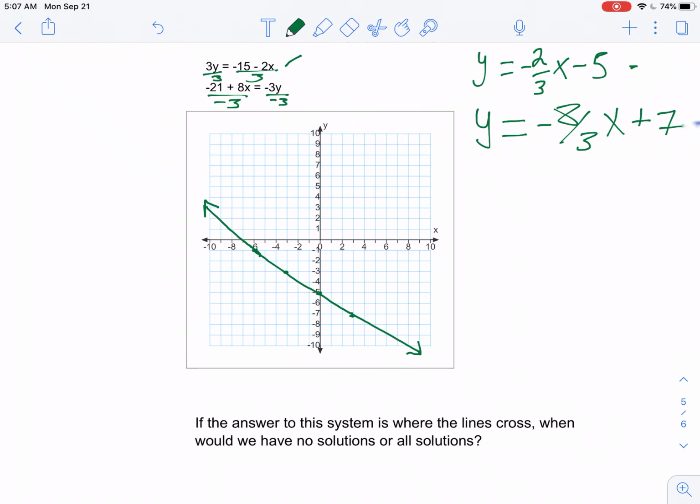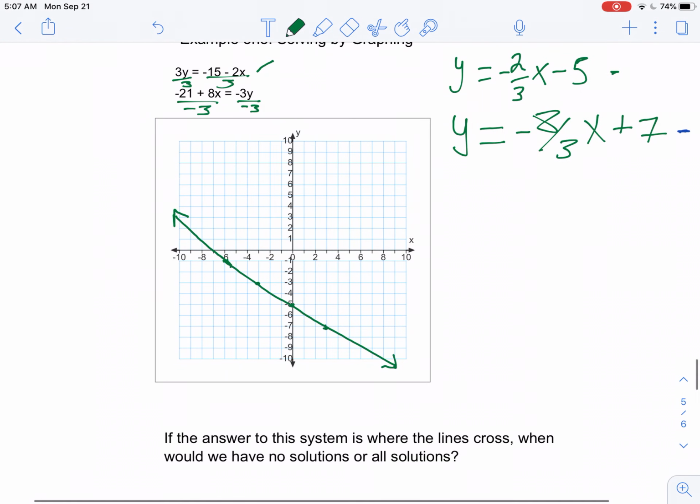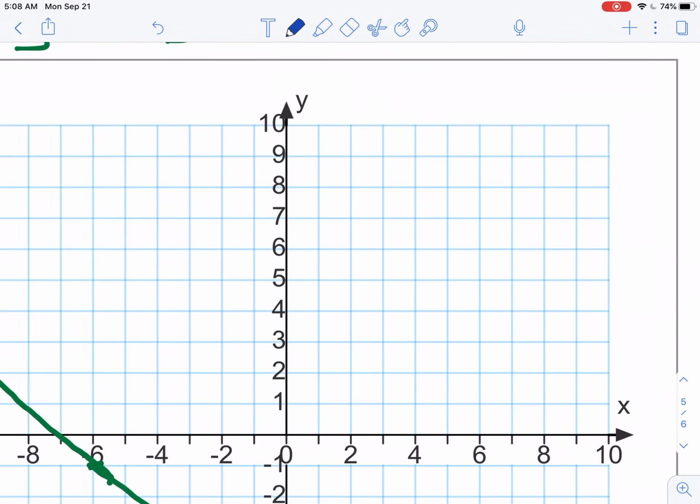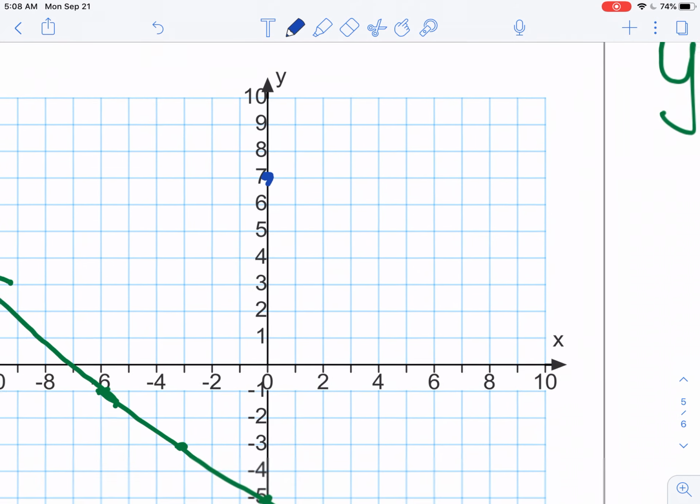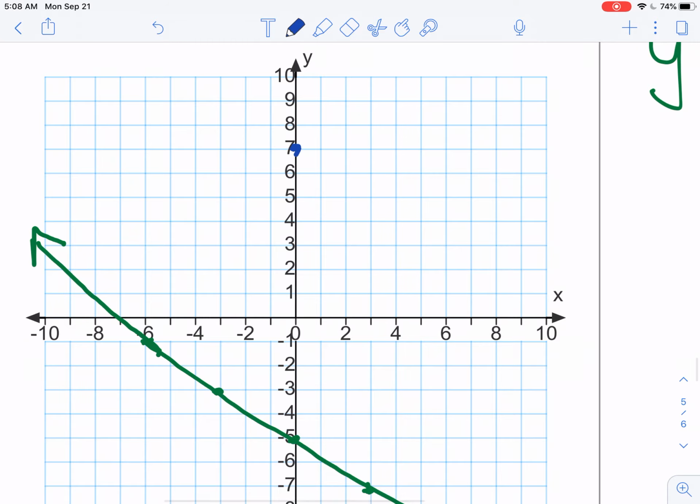Alright, so next up we have, I'm going to change my color. Boom. We have y equals negative 8 thirds x plus 7. So we're going to graph the y-intercept at positive 7. Then we have negative 8 thirds. So we're going to go down 8 and over 3. So down 8 and over 3.